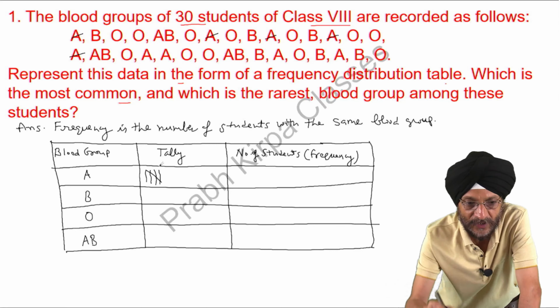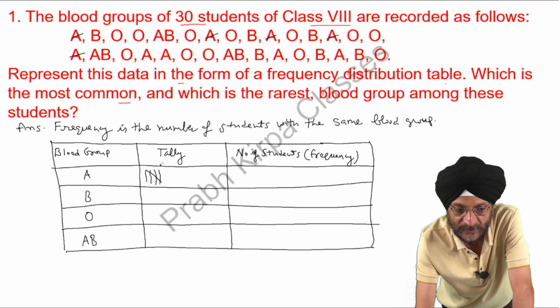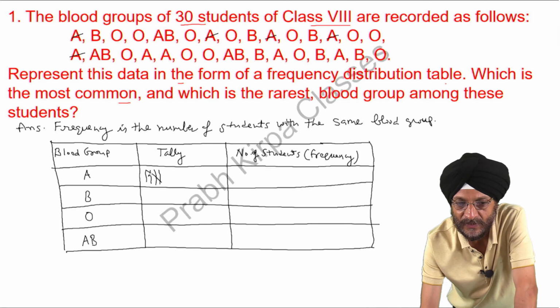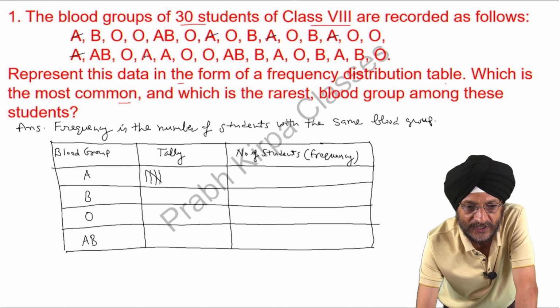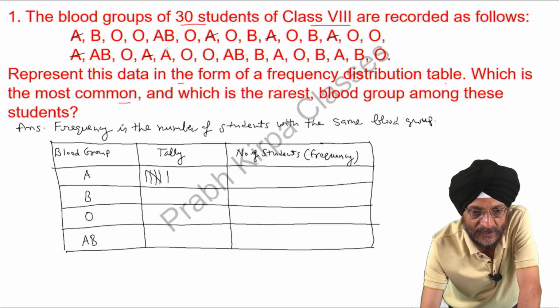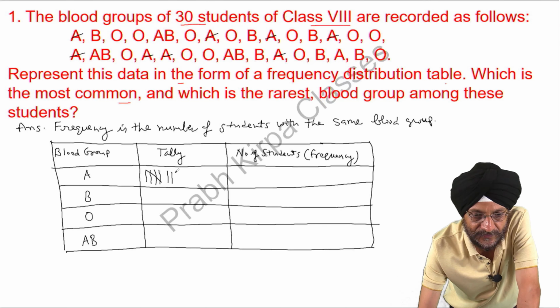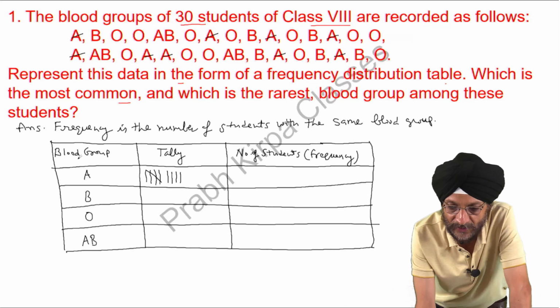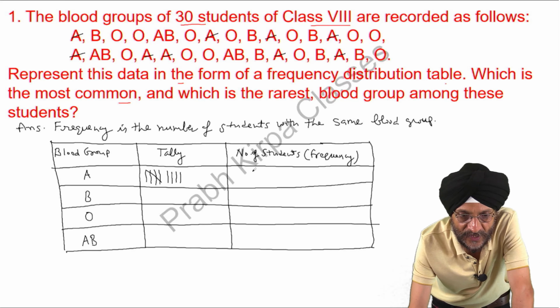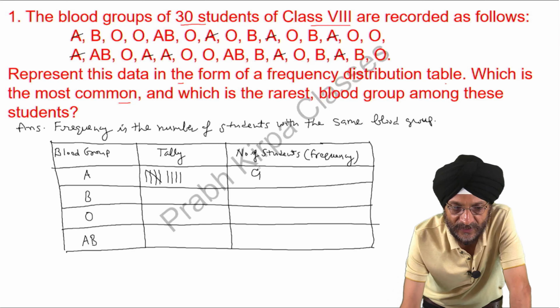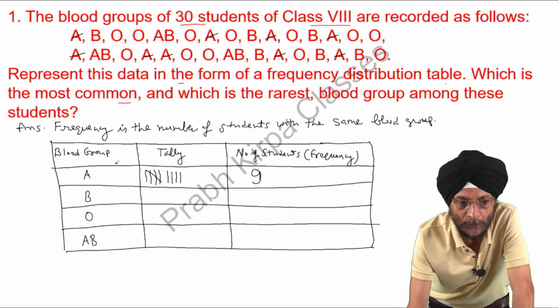Instead of writing the fifth as a straight line, we cut across the four so that we need not count again. Then this is the 6th, 7th, 8th, and 9th. So the frequency of blood group A is 9. We can also say that the number of students having blood group A is 9.